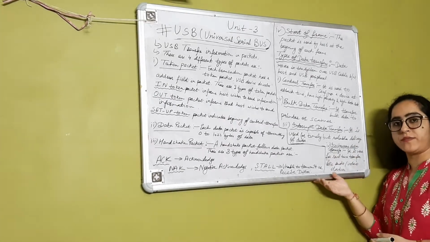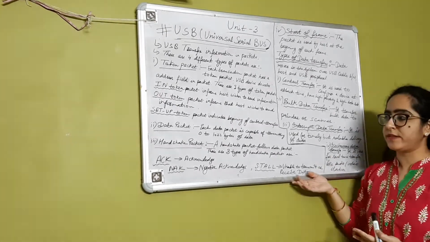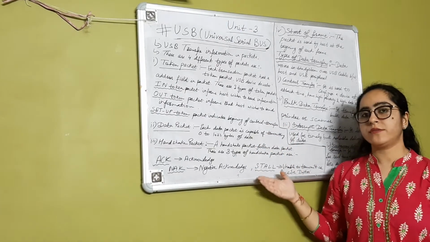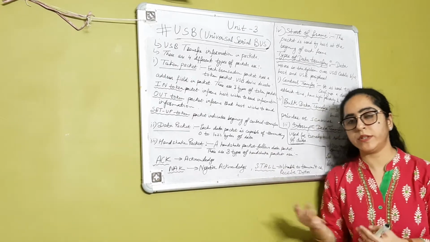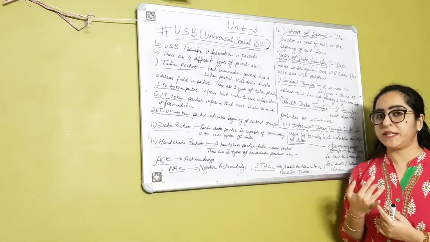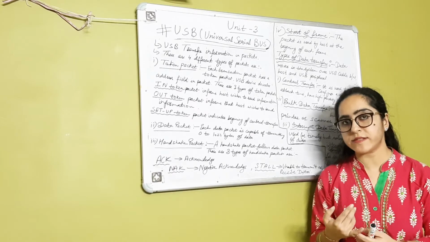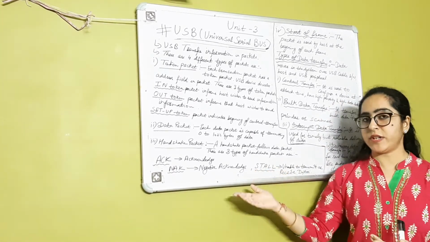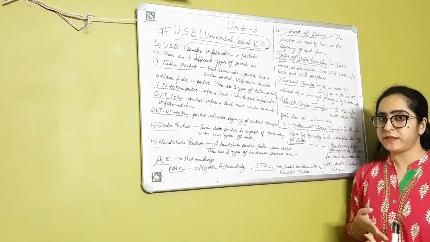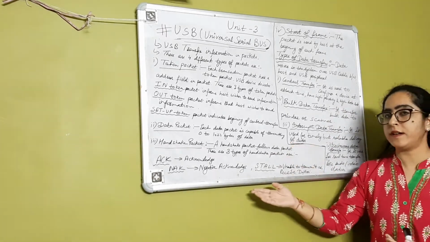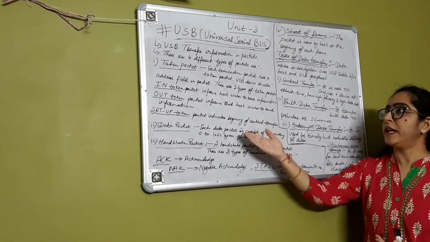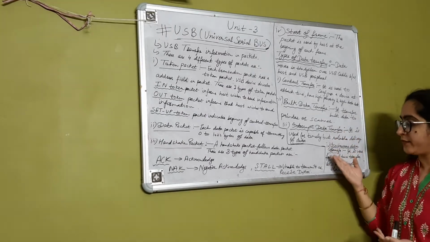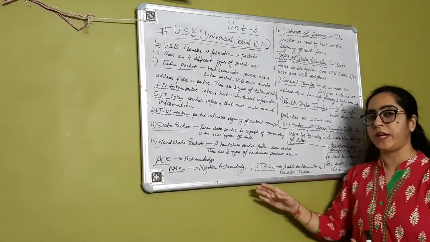Rest all the advantages and features we have discussed. By this I want to end this lecture on USB. So we have studied the USB features and cable diagram and its four states of the cable, and that data transmission can be done only in two states, then the types of transfer, how many types of packets are used, and then the types of data transfer, and what is the disadvantage of the USB.